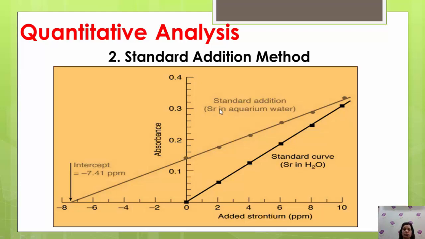A standard, known concentration solution will be prepared as a stock solution, and we will add a known amount of it in all the different solutions, a set of solutions of the unknown sample which has been provided to you. We'll carry out the analysis and we'll have a graph of absorbance versus concentration, which intersects at the axis, and we can find out the concentration as 1.74 ppm.